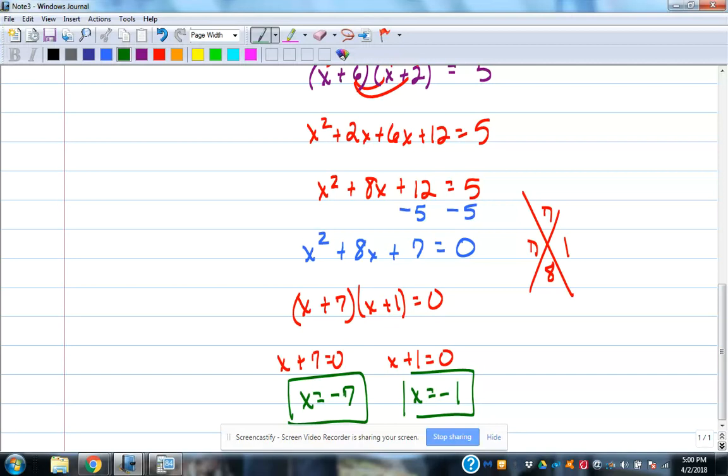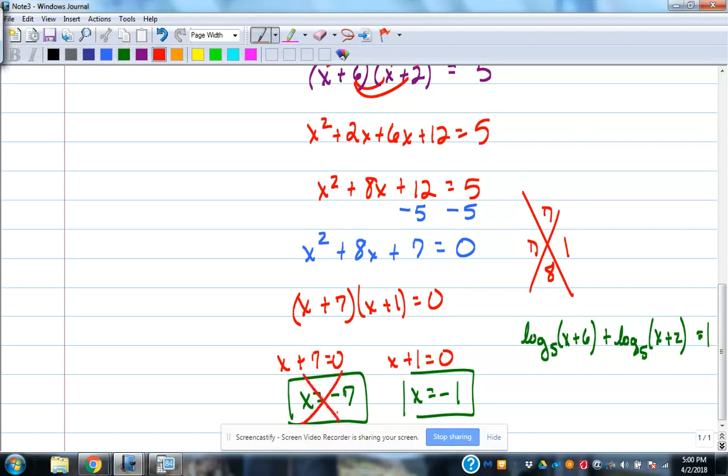Okay? So if I plug -7 back in the original problem, remember the original problem was log base 5 of x plus 6 plus log base 5 of x plus 2. If I plug a -7 in for x, that'd be -1 right there. That's enough to throw it out already.